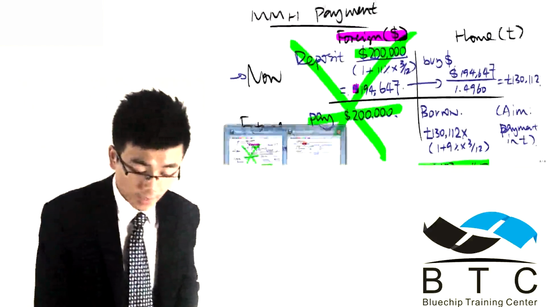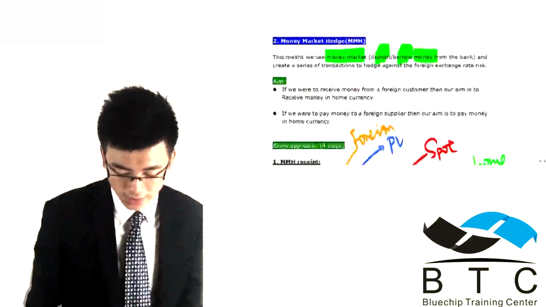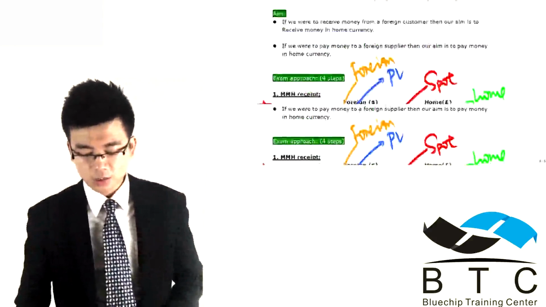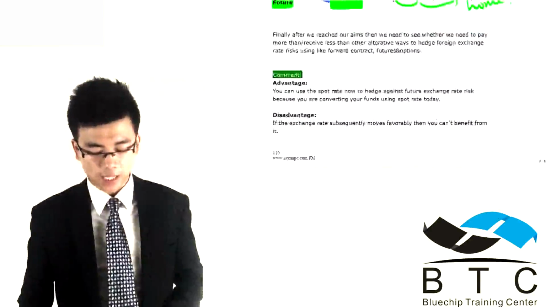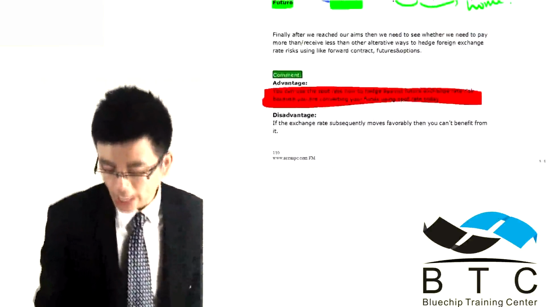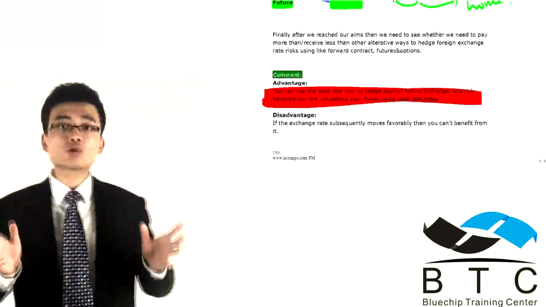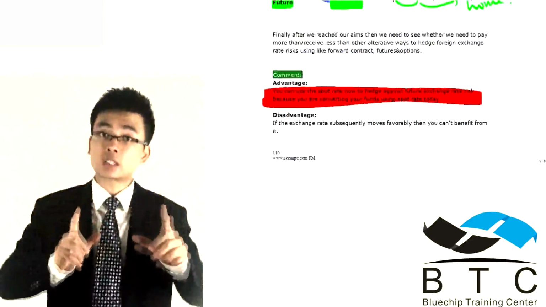So, any comments about the MMH? Of course, the answer is yes. The advantage of the MMH is that, by creating the transaction, you can lock your future exchange rate using the spot rate.